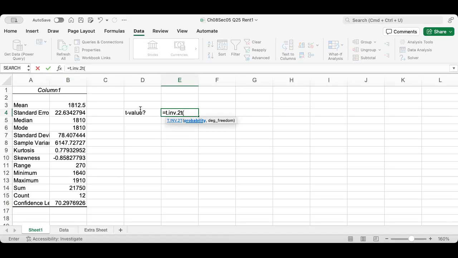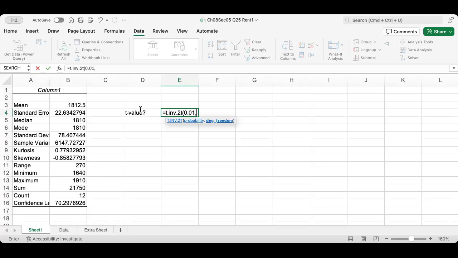What's in the middle versus what's in the tails? 99% is in the middle, so the outside is? It would be 0.005 if I was just looking at one tail. That says two tail, so it's both of them, it's 0.01.